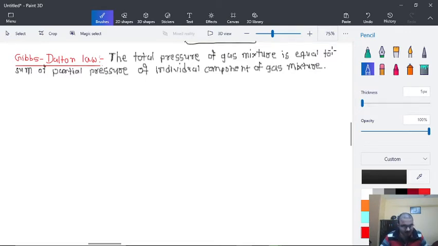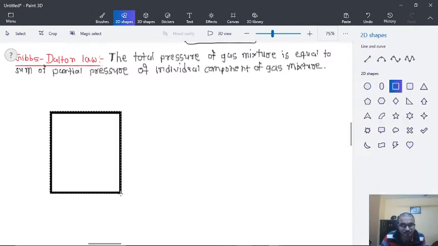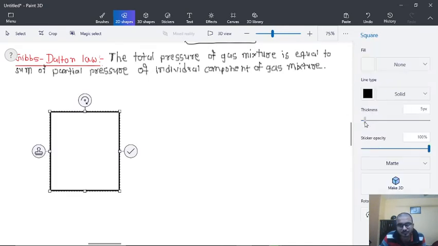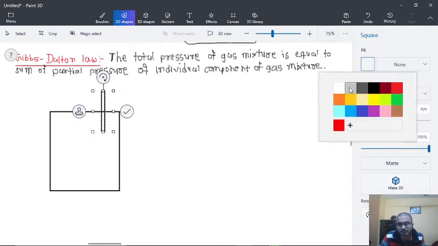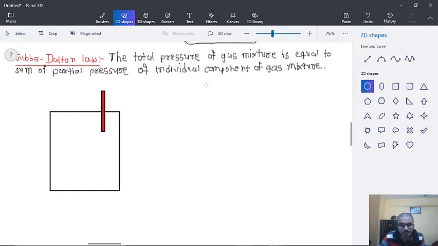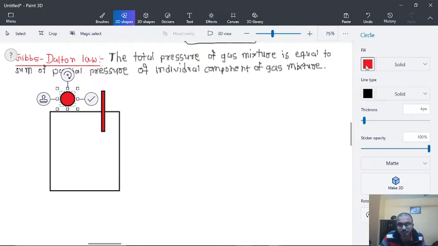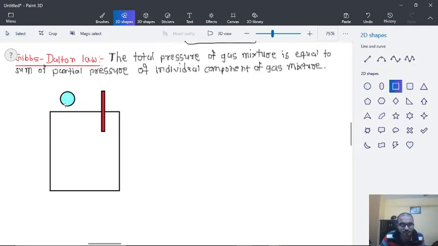We will understand this with the help of a diagram. This is the arrangement that we are having.